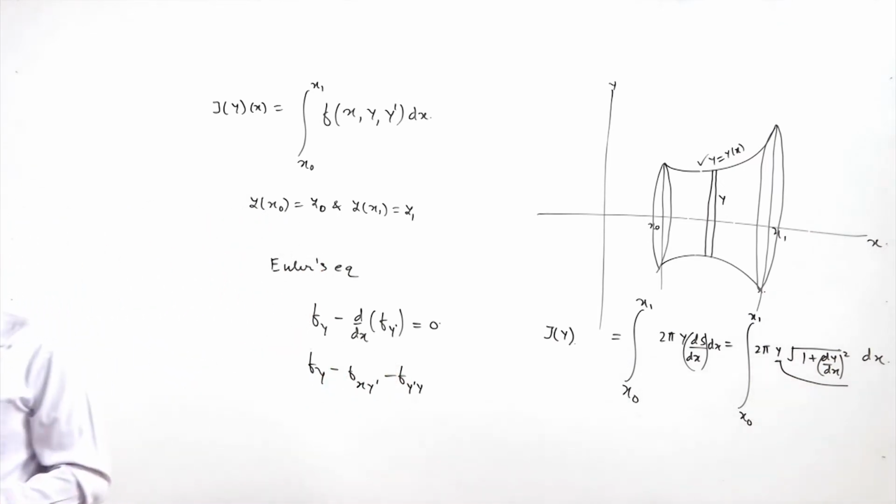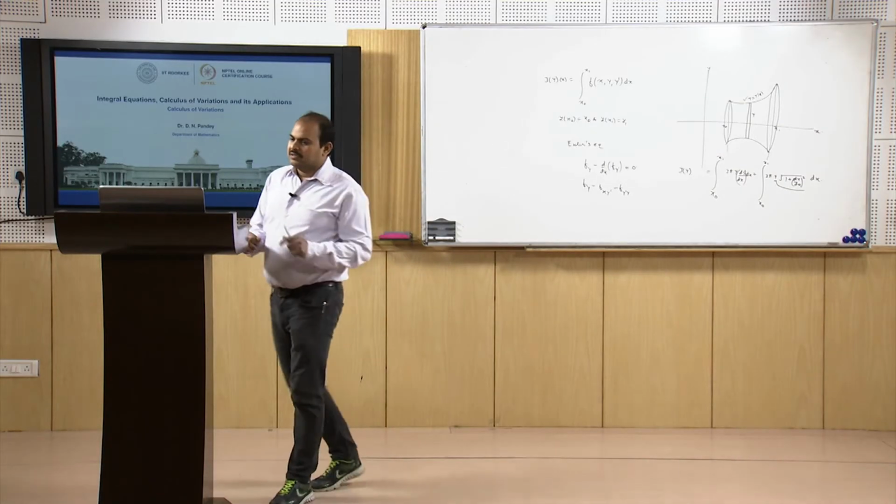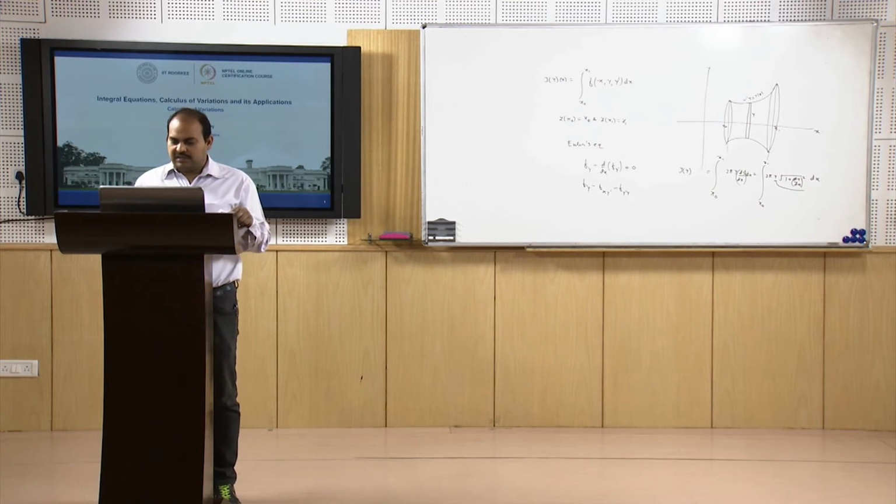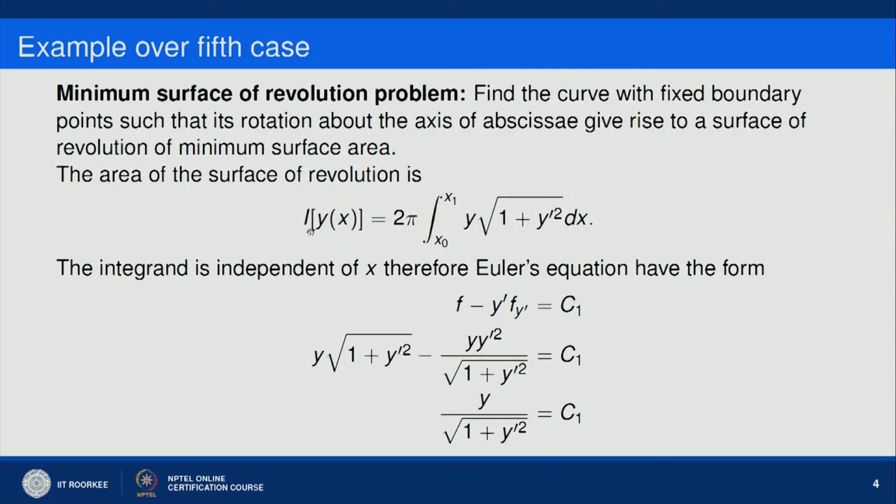So this case comes under sub case 5, which we have discussed. Here we have seen that the area of the surface of revolution is given by J of y of x equal to 2 pi times the integral from x0 to x1 of y times the square root of 1 plus y' squared dx.